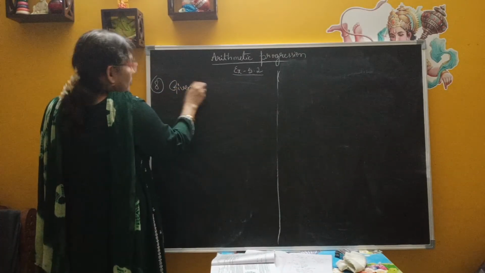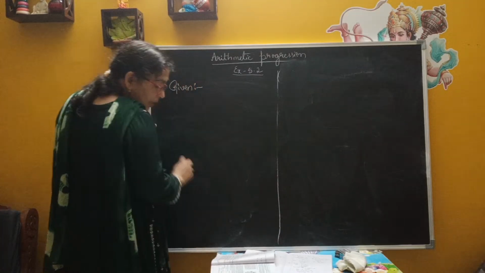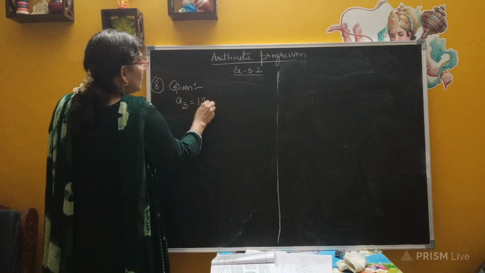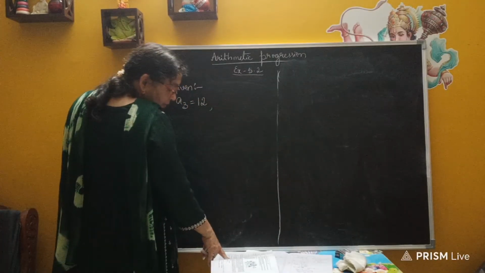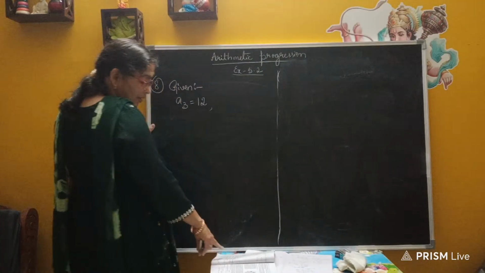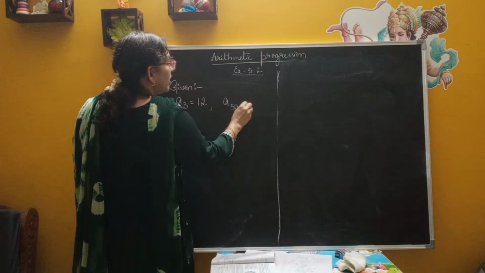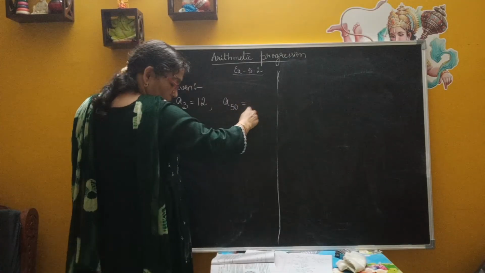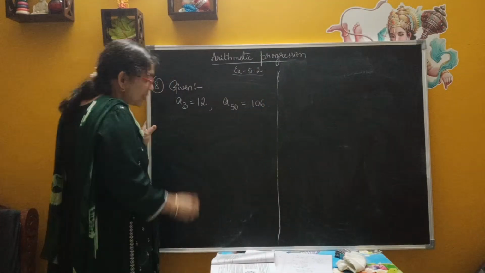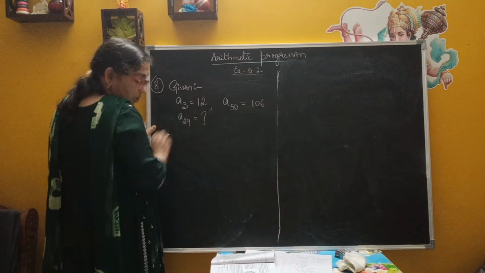Given: the third term, that is A3 is 12. And the 50th term, the last term, is how much? 106. That is nothing but the 50th term, A50 is 106. And what is asked to find? It is A29. Okay, that's the question.